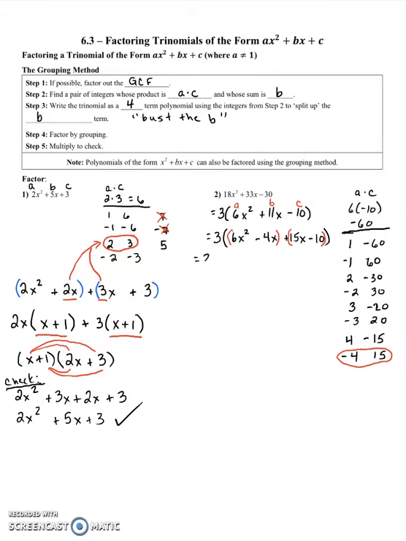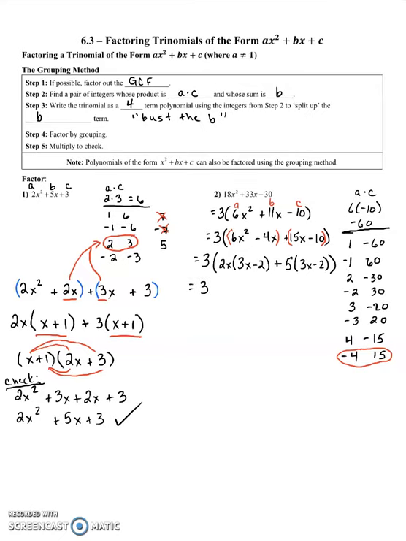And the 3 is still floating around out front. From 6x squared minus 4x, our greatest common factor is a 2x, which leaves us with a 3x minus 2, plus from 15x and 10, our greatest common factor is a 5, which leaves us with 3x minus 2.